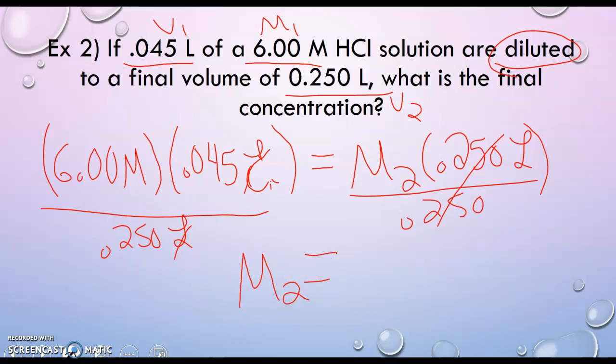Your calculator says 1.08, and now I'm looking at sig figs. If you look at V1, V1's only 2 sig figs. So 1.08 is going to round to 1.1, and it's a molarity, so it's capital M.